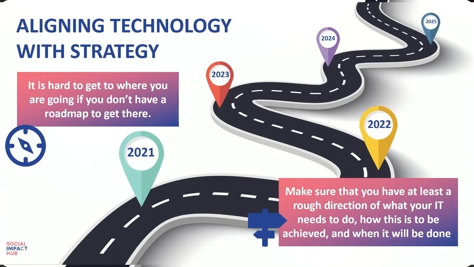And the graphic here really just says, it sounds quite simple: if you don't know where you're going, you certainly need a roadmap to get there. And it's very important that you do. So chasing shiny things or just adopting technology for technology's sake isn't necessarily going to contribute towards your overall objectives.